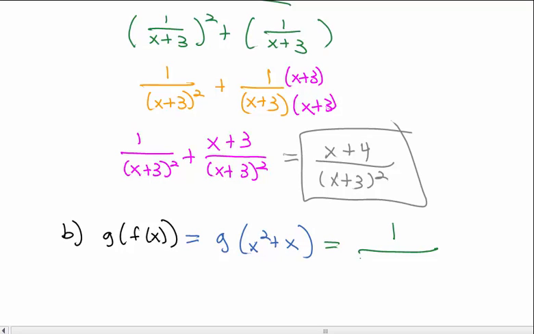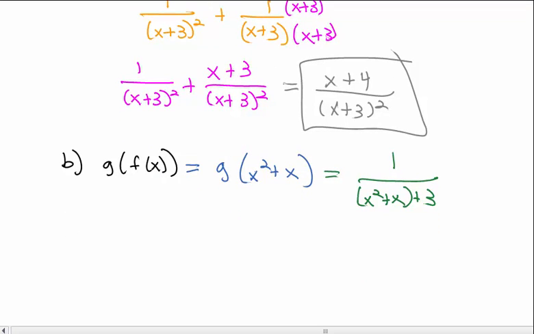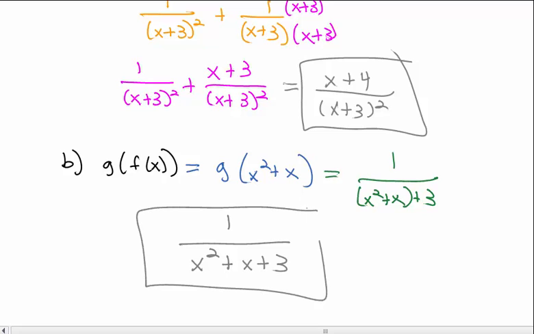G was 1 over stuff plus 3, which is simply x squared plus x. It doesn't factor. There's not really any simplifying. That's going to be our final 1 over x squared plus x plus 3. That is our final composition.